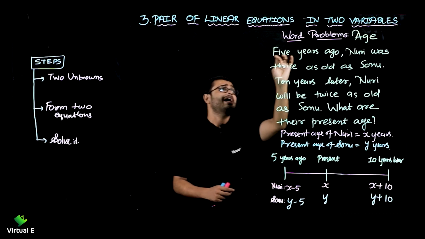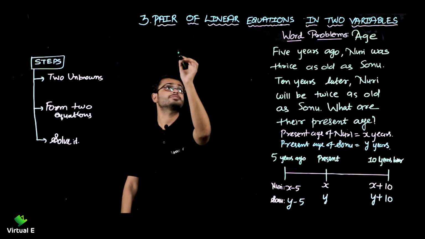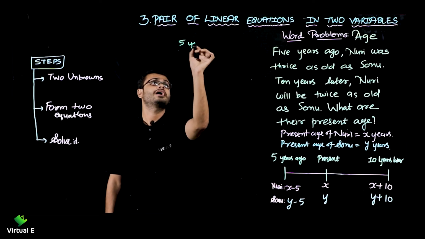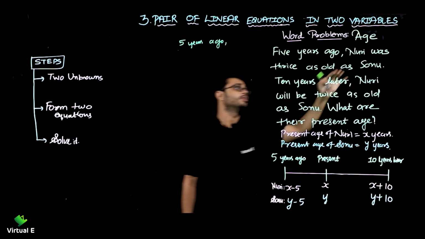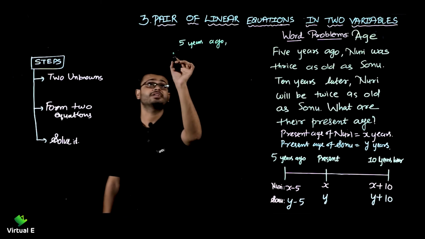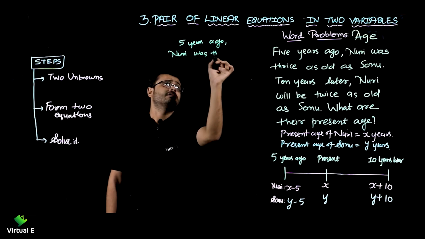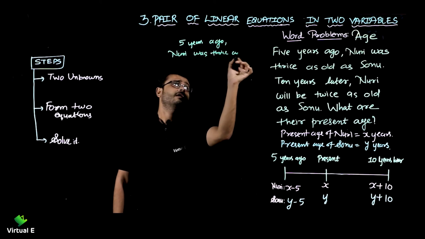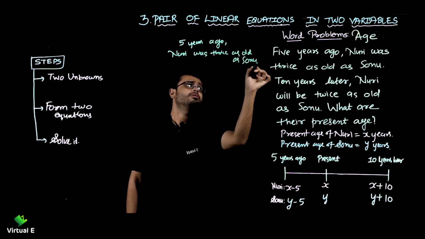First case, 5 years ago, right? So let me write 5 years ago. What is the age? Nuri was thrice as old as Sonu. Let me write the same sentence. Nuri was thrice as old as Sonu, right?